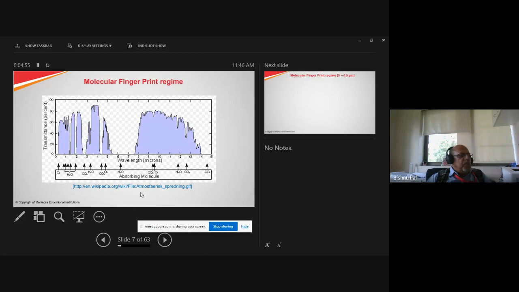If you look at the atmosphere, most of these molecules would be present there. If you shine a light, and you can see these are mostly in the infrared regime, you can see strong absorption at certain wavelengths, and that would be a signature of the presence of the molecule.